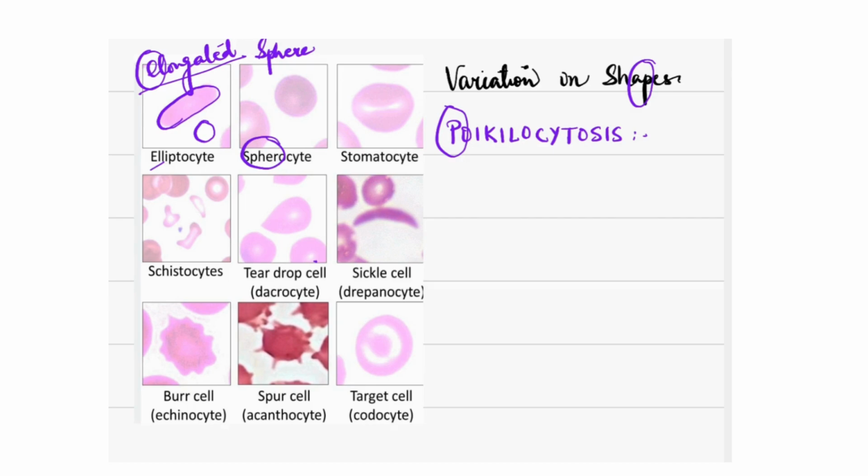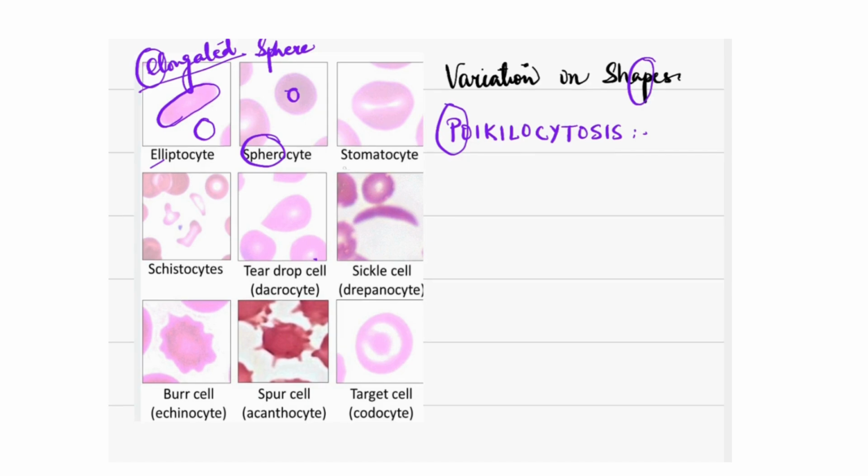What is the difference? A spherocyte does not have a central pallor. That means everything is red. This cell is completely red, full of hemoglobin, where the pallor is supposed to be, and that's why it's a condition called hereditary spherocytosis.